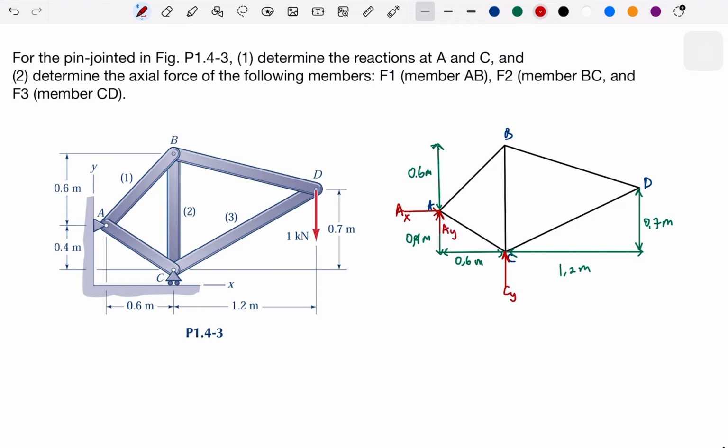Okay. And then we have external loads on this D, or maybe on the same point here. This is 1 kilonewton.